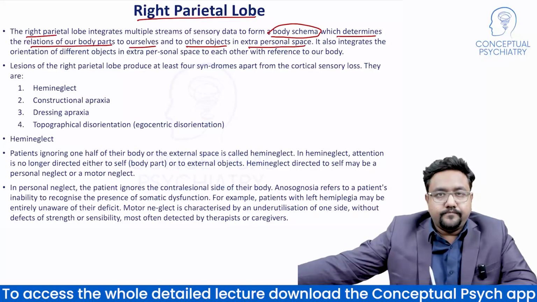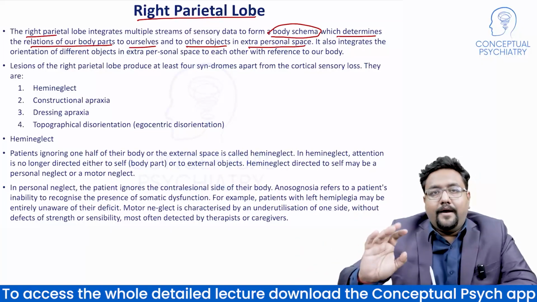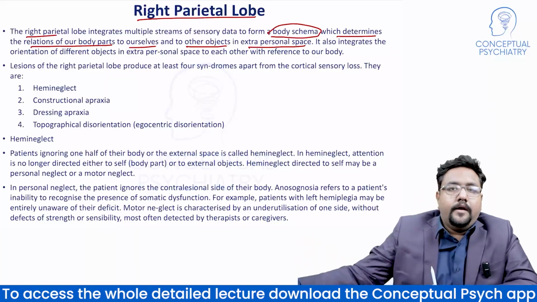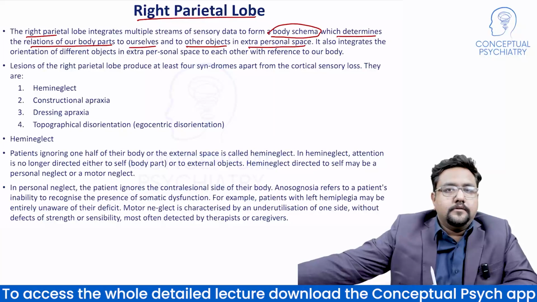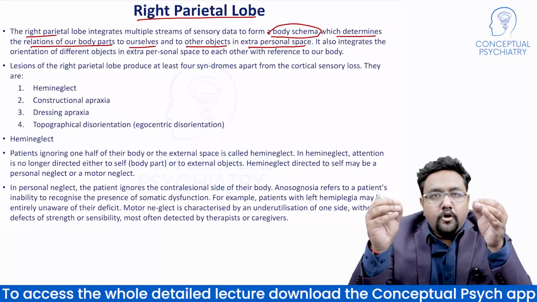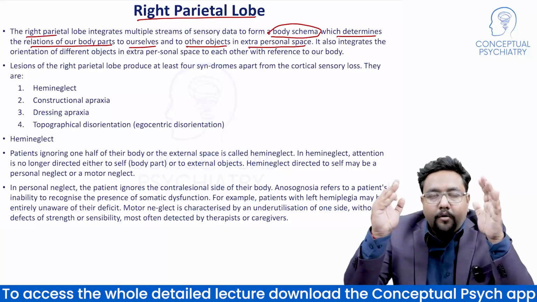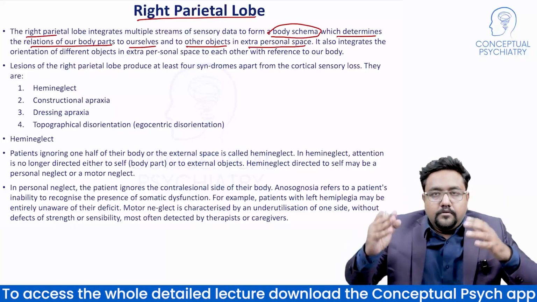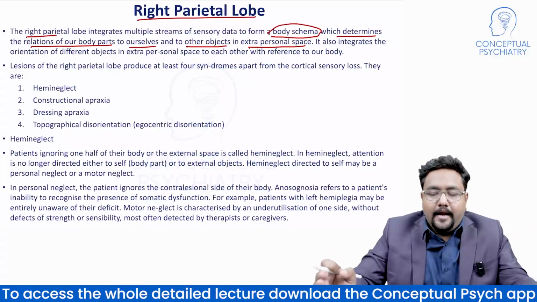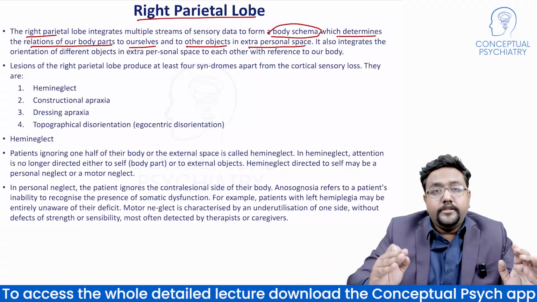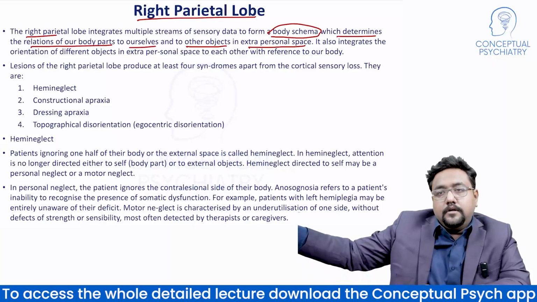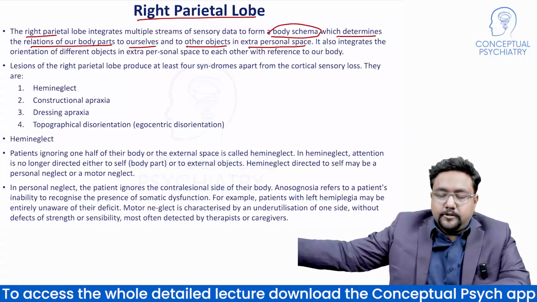But suppose I was having some right parietal lobe dysfunction, I will fumble. I will not be able to gauge the distance. Again, please understand that it incorporates the sensory data to form a body schema. So I have my body schema. I know where I am sitting, and I know the relation of my body part with external objects in extrapersonal space.